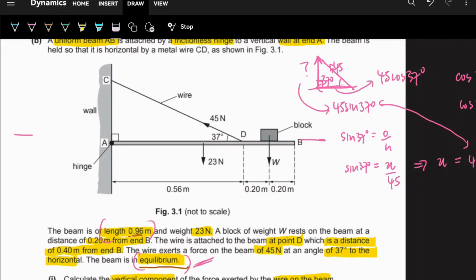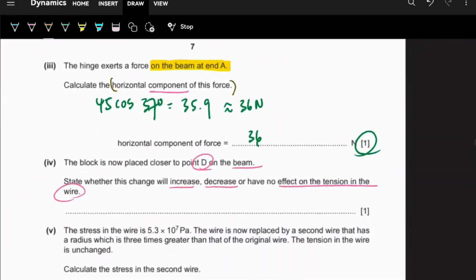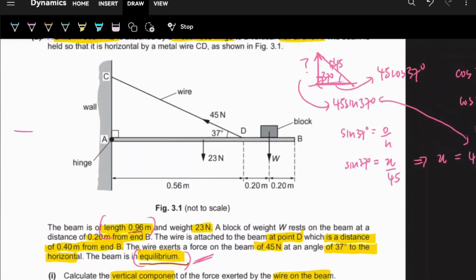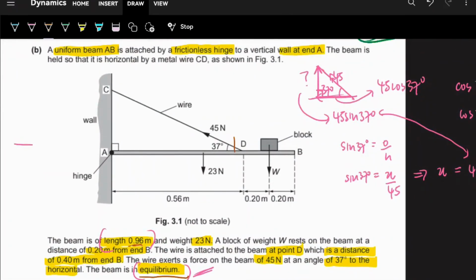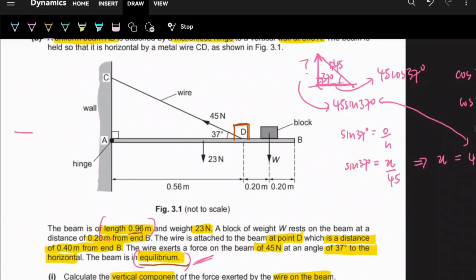Now imagine the block is moving closer to point D, right? Let's put our block at the point D. Because they say closer to point D, let's just assume that it's at the point D here. You see it can be anywhere. You can even put it here, as long as it's closer to point D.